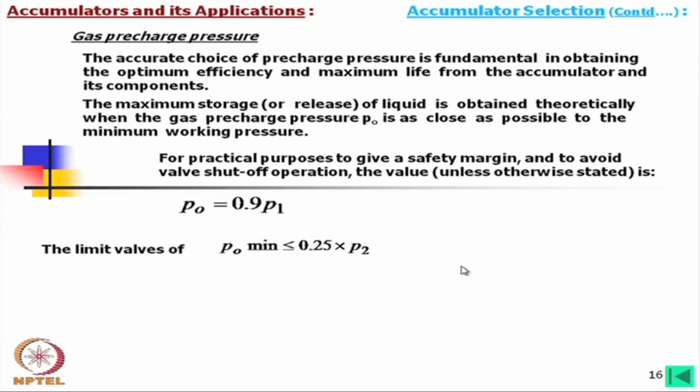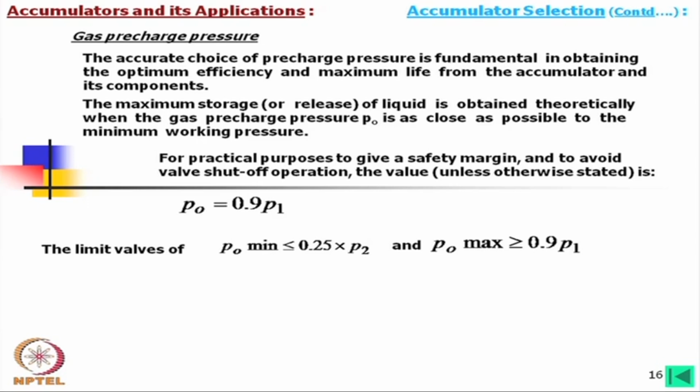The limit values of P0: P0 min is equal to 0.25 times P2, where P2 is the maximum pressure, mind it, or P0 max is 0.9 of P1. So, P0 should be 0.25 times P2.